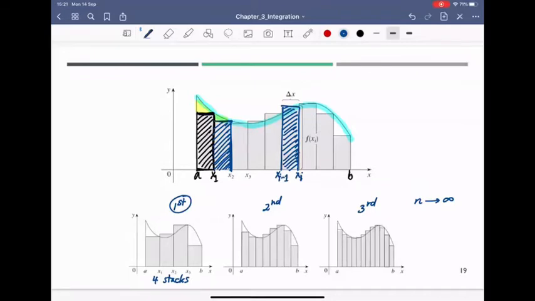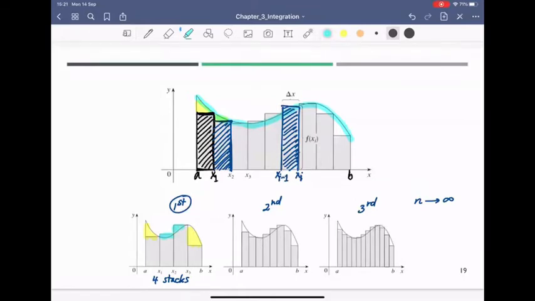I miss a lot of area, and I also count the area that I highlight in light blue.